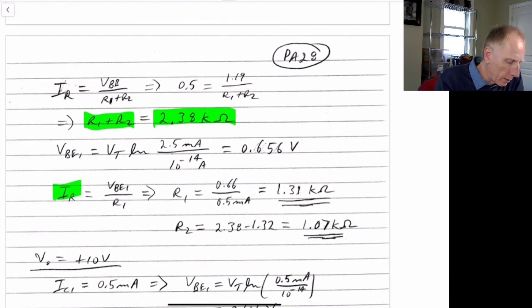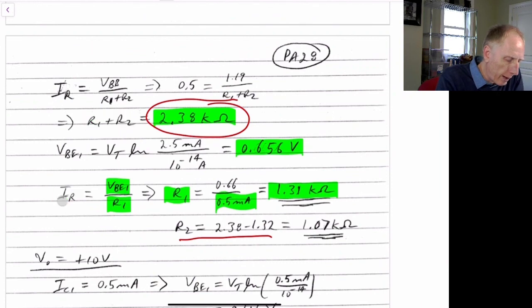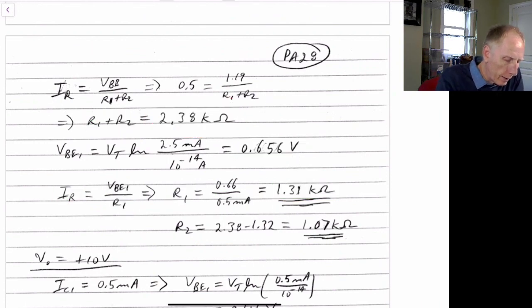We know that IR is also equal to VBE1 over R1. We have VBE1, and IR is equal to 0.5 milliamps, so we can solve for R1. R1 works out to be 1.31 kiloohms. We know what R1 plus R2 is, so R2 is just the subtraction of those two. Finally, R1 is 1.31 kiloohms and R2 is 1.07 kiloohms.